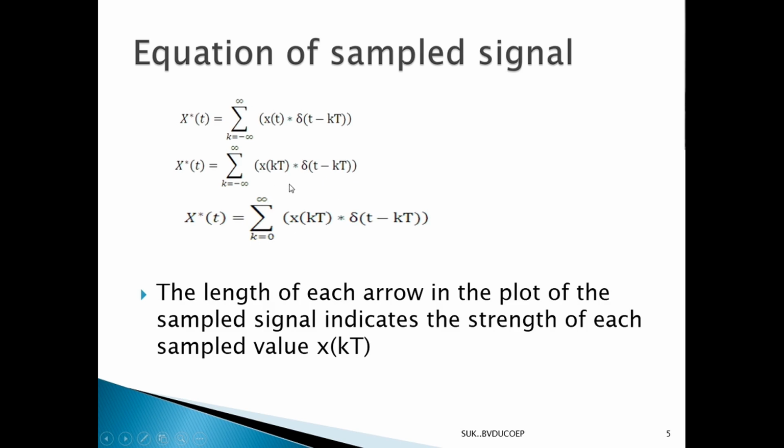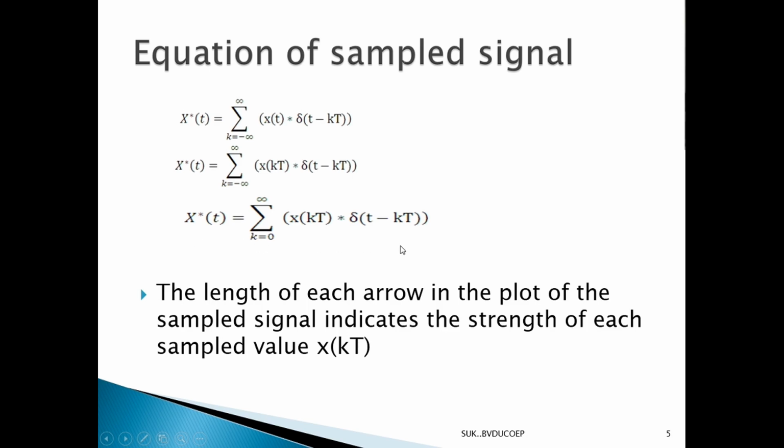Generally we have signals starting from t equal to 0, and therefore we will consider x star t with k equal to 0 to infinity, the summation of all the impulse or pulse signals. So this is a pulsed output or sampled output at the instants k equal to 0 to infinity. The length of each arrow in the plot of the sampled signal indicates the strength of the sample value x(kT).